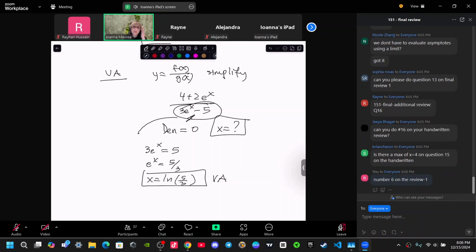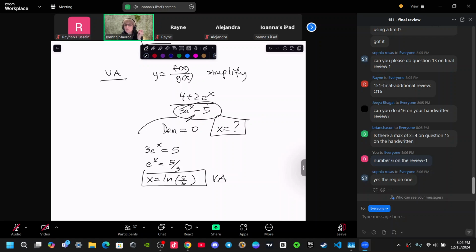So 13 is the one with the parabola and the line and the sketching and the setting up integral. Is that what you're talking about? Is that the problem? Yes.